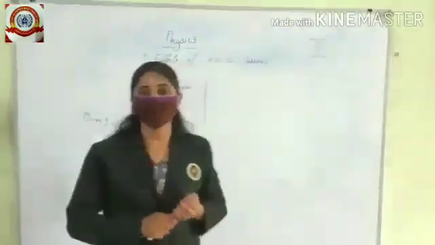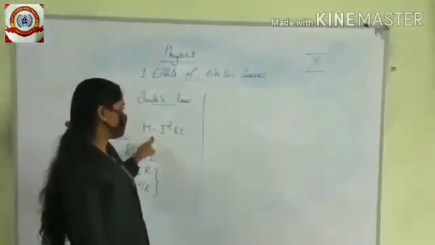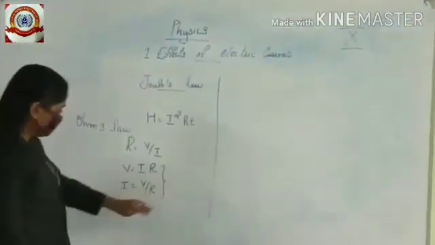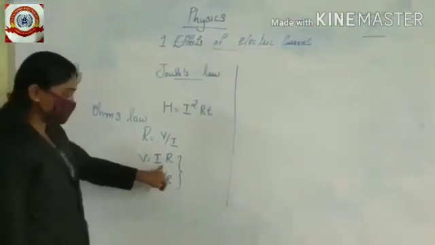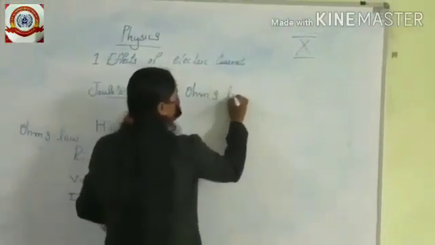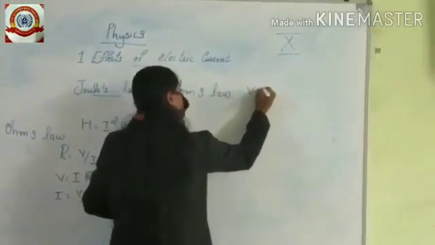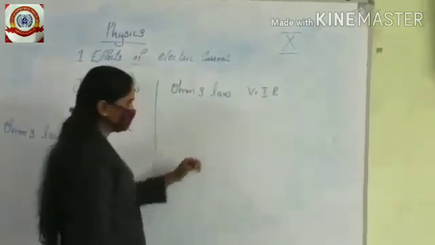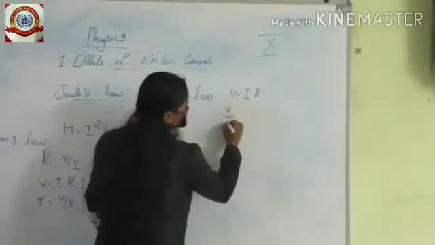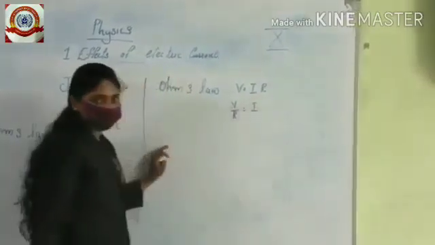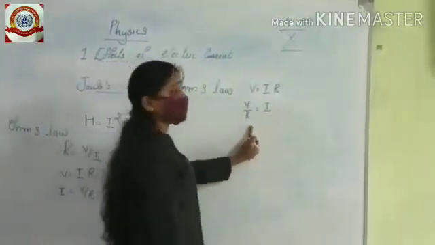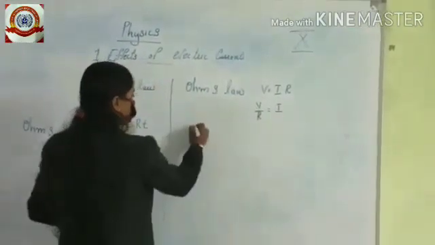Okay. Next, we are going to derive another two equations of Joule's law. The first equation, we know H equals I square RT. Using these equations of Ohm's law, we are going to derive another two equations. The second equation, by using V equals I into R. From this equation, we derive an equation for I. That is V by R equals I. Then we substitute the value of I in the equation H equals I square RT.